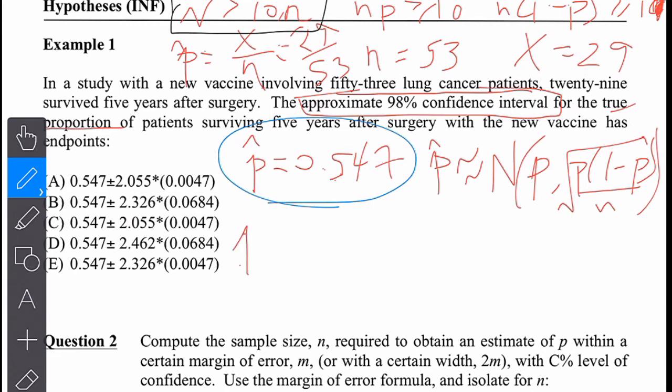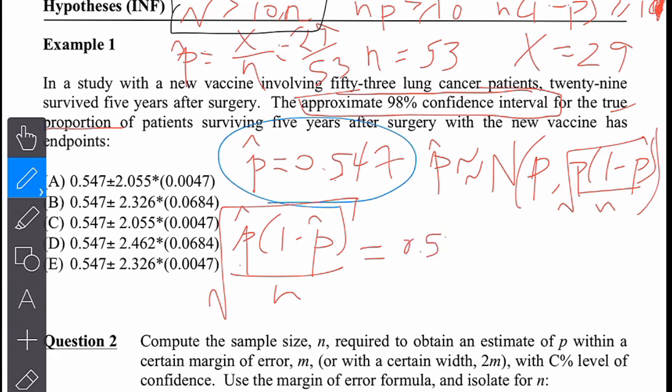So let's calculate that. The square root of p hat times 1 minus p hat over n is going to be 0.547 times 1 minus 0.547. I prefer not to put the formula, I just put the number in there that I've actually calculated before because it just gets messy.